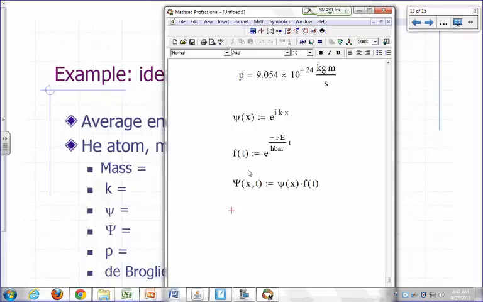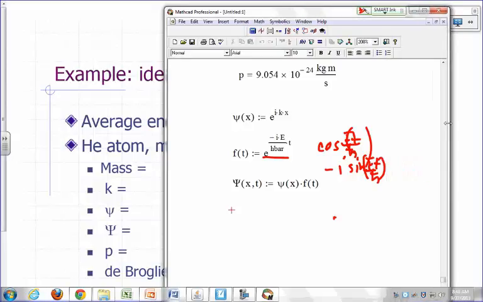And so what's the period of the oscillation of this time-independent part? Remember, this is the sum of cosine Et over h bar minus i sine Et over h bar. And remember we said before, anytime you have something like that, cosine or sine, it's better to write it like cosine 2 pi t over tau, so you can get the period of the oscillation, or sine 2 pi t over tau.